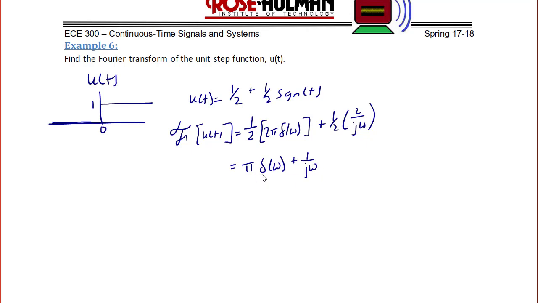And so once again, note that we have an impulse when ω is equal to 0, where the area under it is equal to π. So that is important. So we have found that the Fourier transform of u(t) is πδ(ω) plus 1 over jω. And this concludes lecture 6-2 on non-energy signals.